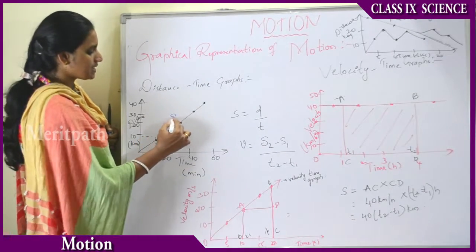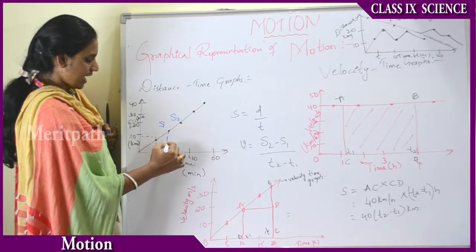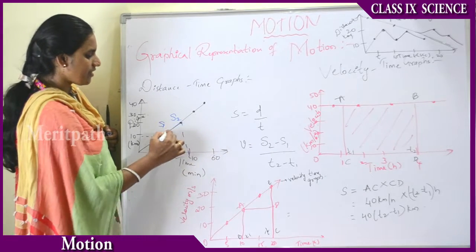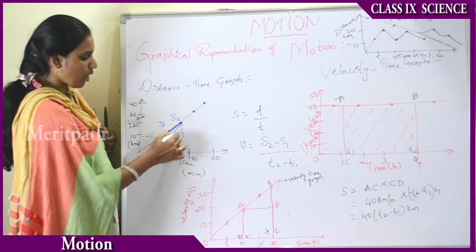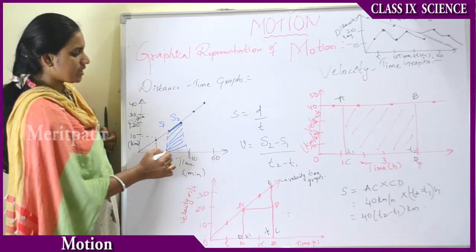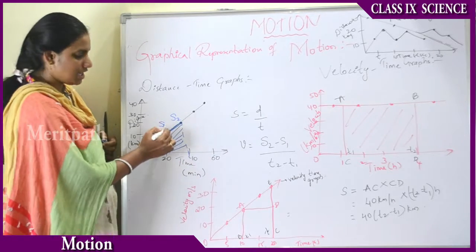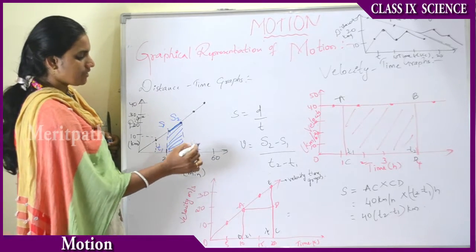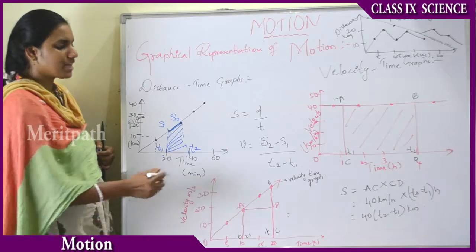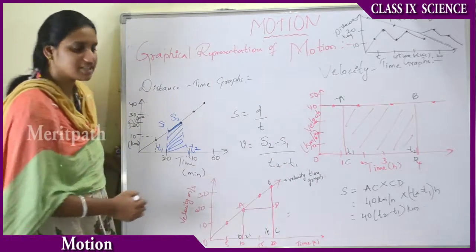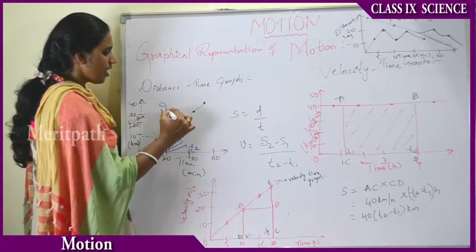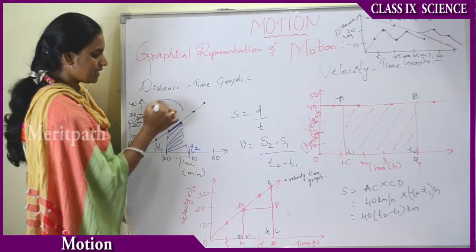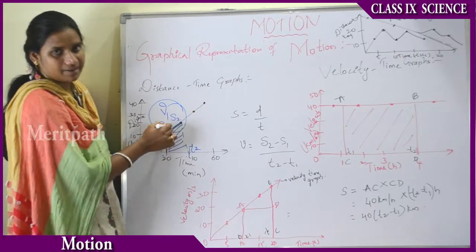Let us assume S2 and S1 are the distances covered at particular times by the object, noted as final position minus initial position by the time taken, that is final minus initial. Therefore S2 minus S1 by T2 minus T1 gives the respective velocity at this particular position of the car, right?